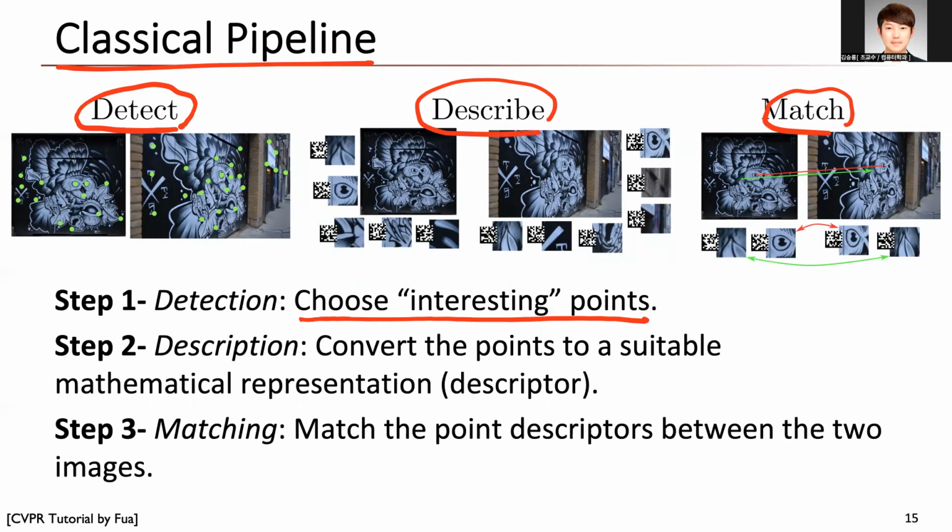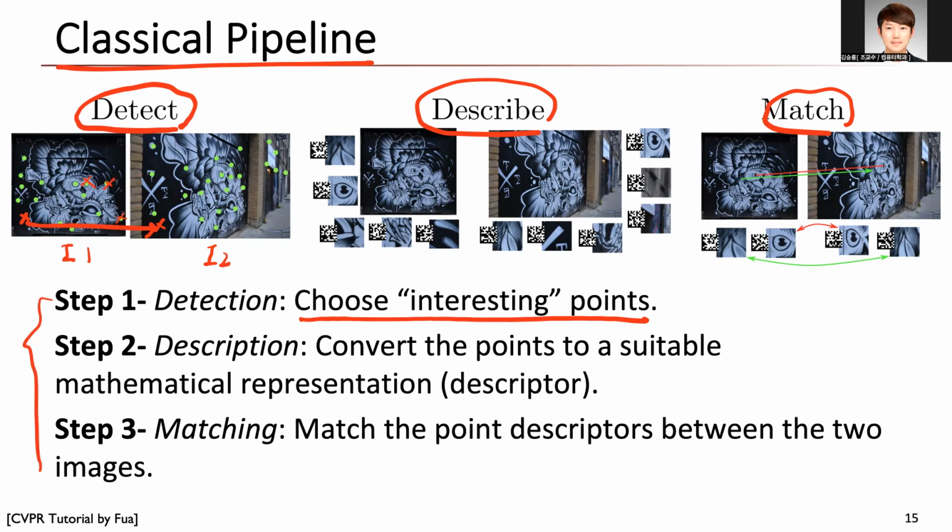As you can see here, in image 1 and image 2, if we choose one point in a homogeneous or textureless region, this one may not establish a one-to-one mapping, right? So in the feature detection step, we have to find repeatable points, like corner points. This is the feature detection step.